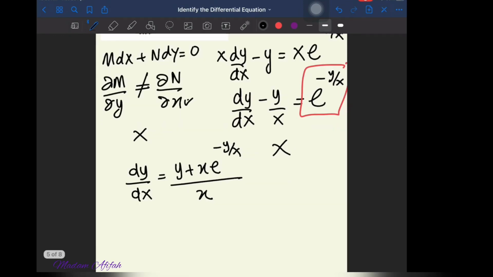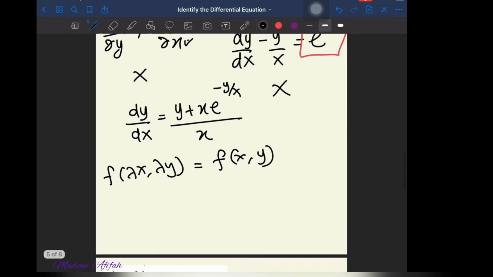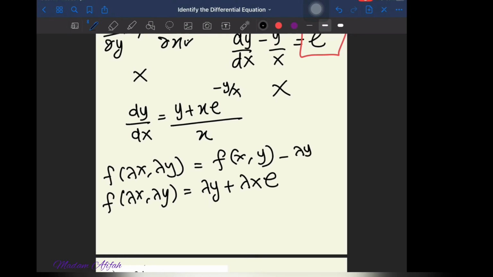To show that this is homogeneous or not, we have to test for homogeneity, which is f(λx, λy) equals to f(x, y). So by assuming dy/dx is equals to f(x, y), so f(λx, λy) is equals to (λy plus λx e^(-λy/λx)) over λx.